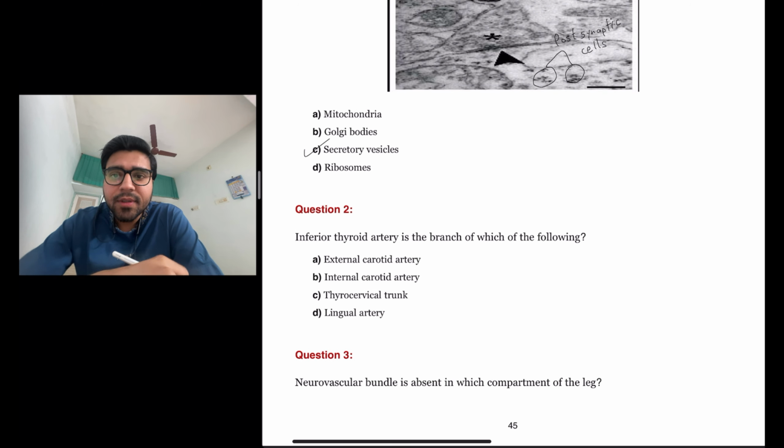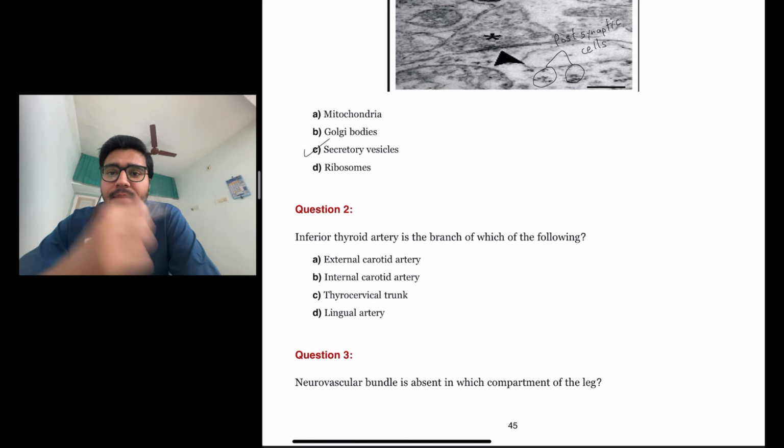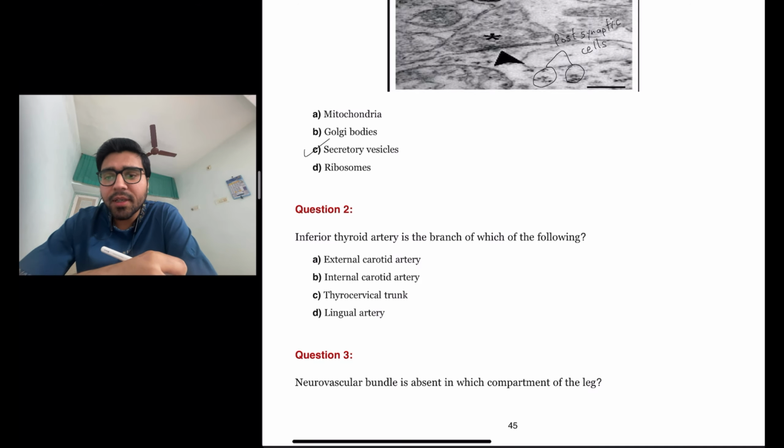Now let us move on to the second question. Inferior thyroid artery is the branch of which of the following? See guys, when somebody asks the branch of an artery or a particular vessel, you must know a figure of that region's blood supply, for example, blood supply in the region of the neck.